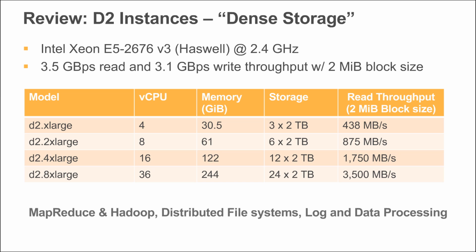Now, keep in mind that because these instances are using disks that are physically attached to the instance, you'll need to ensure that your data is replicated so that you won't lose any data in the event of a hardware problem on that instance. Because of that, we see these instances used for things like Hadoop, MapReduce, distributed file systems, and log and big data processing systems.